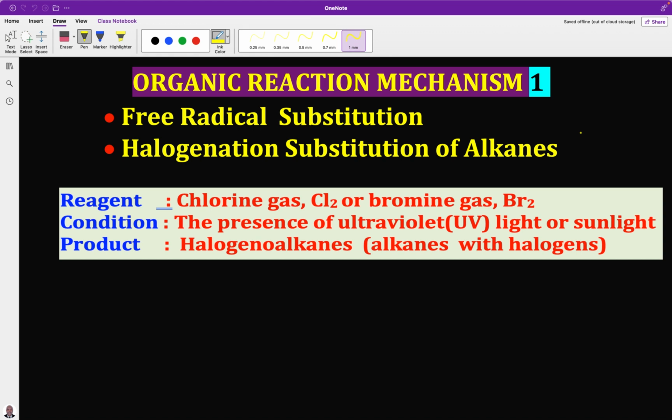As you know, alkanes belong to the homologous series with the general formula CnH2n plus 2.